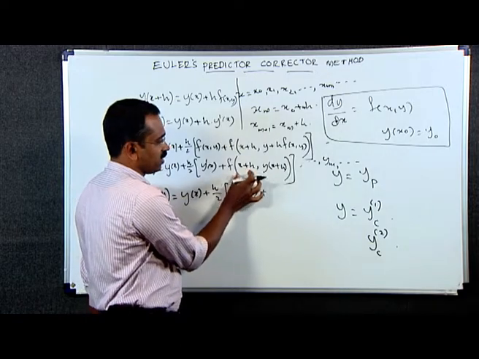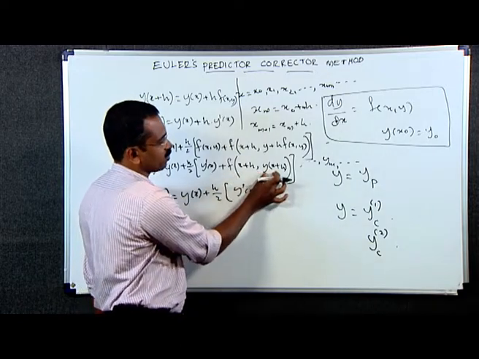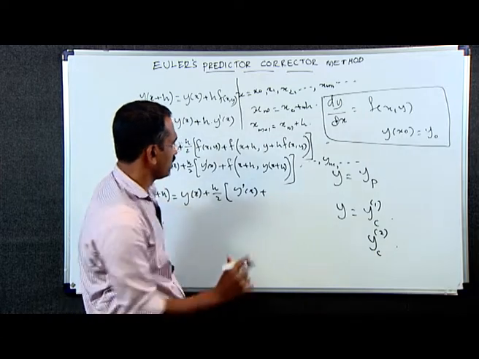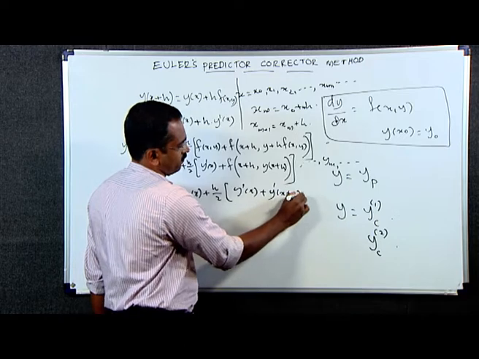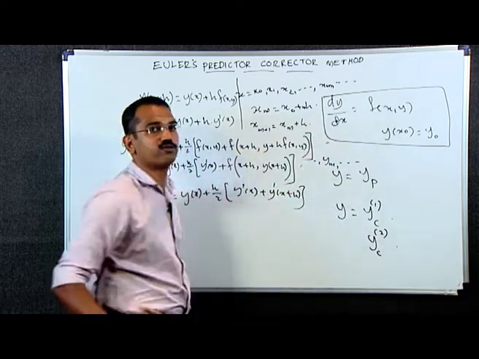We can write f of x plus h comma y of x plus h as y dash of x plus h by using the given differential equation.